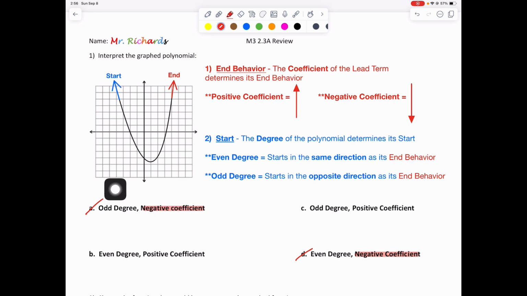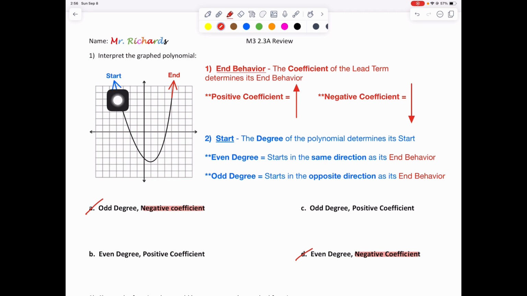And then our positive coefficient here. So we still have two answers in play. Now that we know we have a positive coefficient, because it's going up, we need to look at where it starts, and the degree of the polynomial determines its start. When it's an even degree, 2, 4, 6, 8, 10, it starts in the same direction as its end behavior.